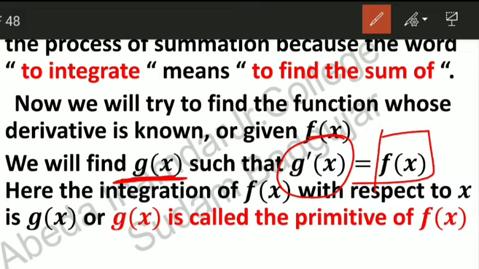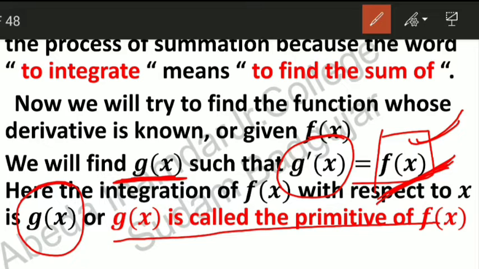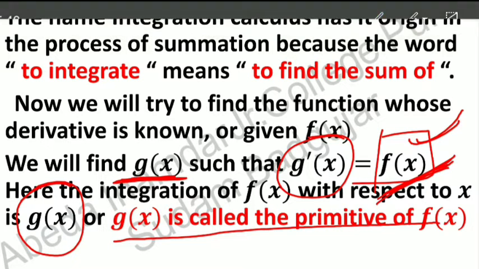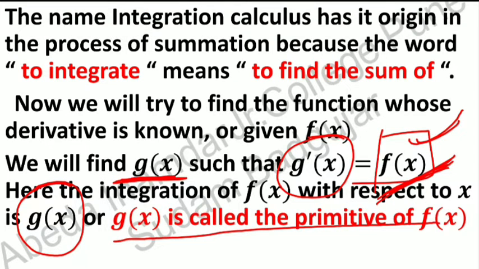Here the integration of f of x with respect to x is g of x, or we can say that g of x is called the primitive of f of x, or antiderivative.